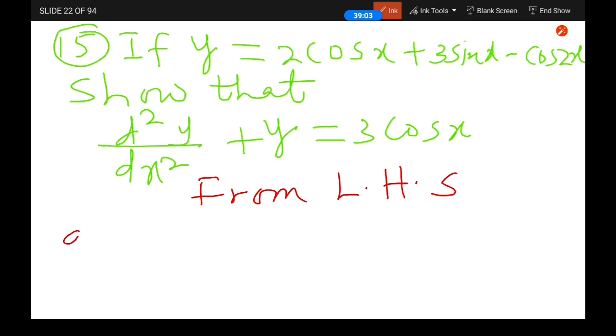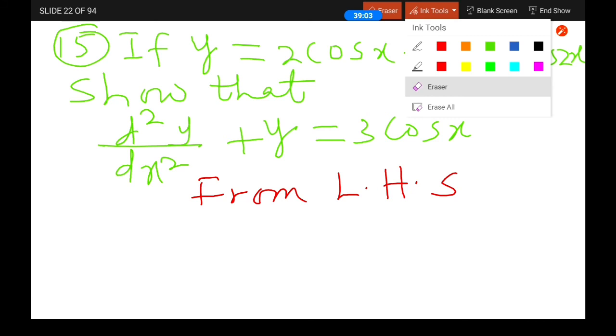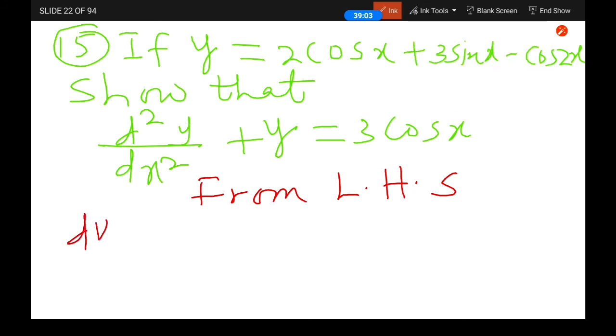dx squared. Remember that we need to do dy dx first. And dy dx will give us what? Differentiate cos, you get negative, then the constant 2, then sine x, good, is there.